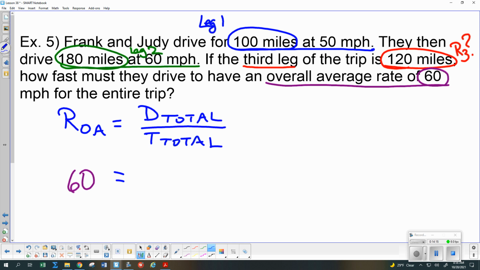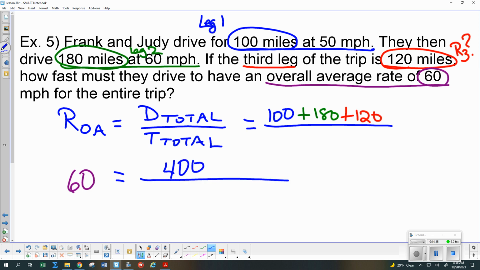Total distance, that part is going to be pretty easy. That's going to be the 100 plus the 180 plus the 120, which is how much? That's going to be 400. Okay, time, they don't tell us, but they tell us the rate for at least that first leg.